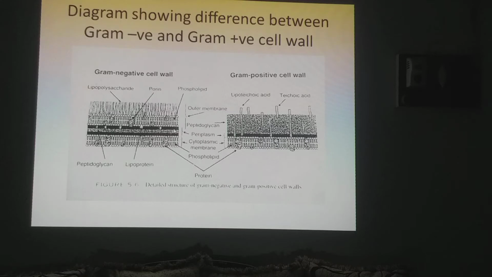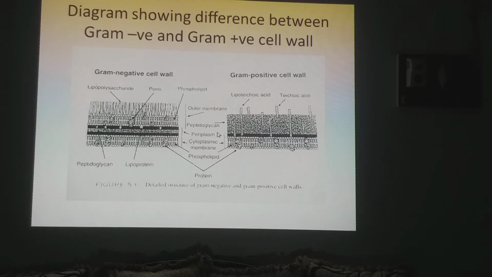If you look here, in the gram-negative cell wall there is less peptidoglycan material, but the outer membrane is present. In the gram-positive cell wall, the outer membrane is not there, but teichoic acid is there, and this one is the peptidoglycan material.